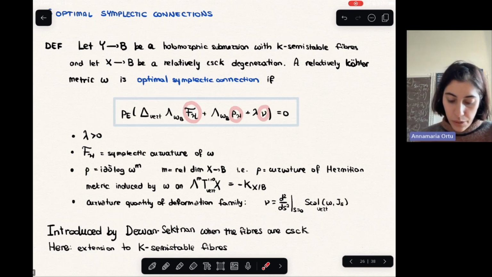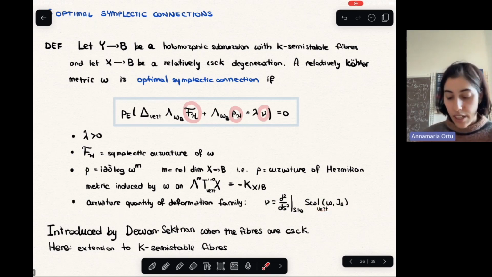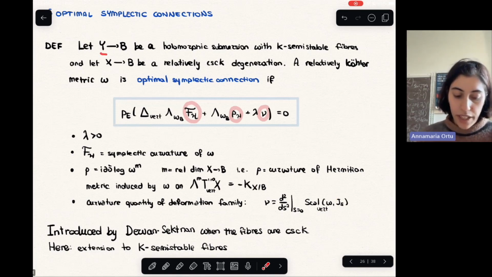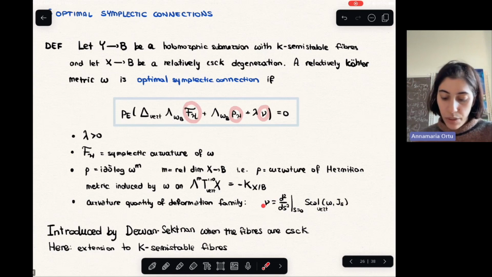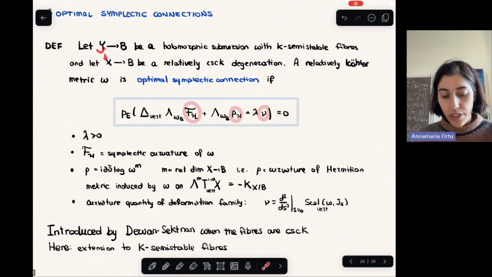And then nu is a curvature of the deformation. It's the second derivative of the vertical scalar curvature of omega with respect to the complex structures J_s that parameterize Y. So nu encodes how the fibers of X deform to the fibers of Y, or the fibers of Y degenerate to the fibers of X.